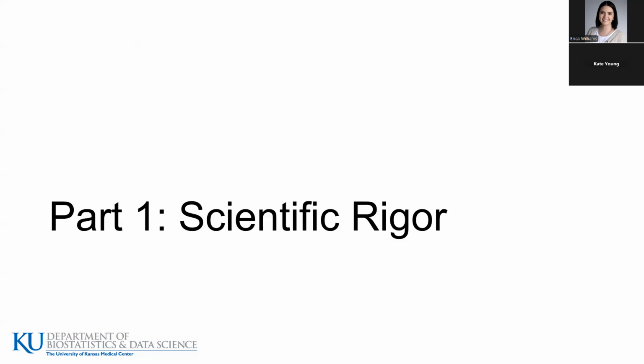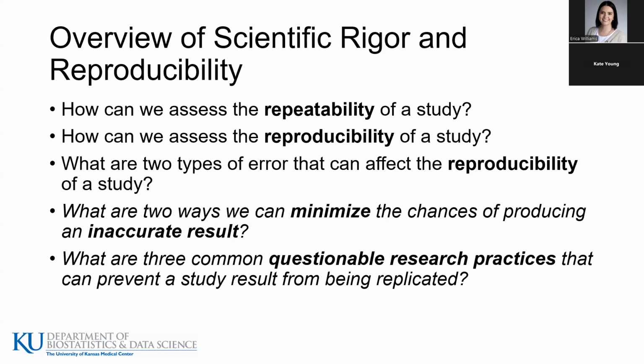So starting with part 1, if you were able to watch the video before coming to this class, this might be a little bit redundant, but I'm just going to give a review for those of you who weren't able to look at those slides. We're going to talk today about scientific rigor and reproducibility.